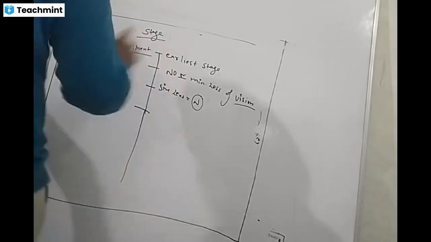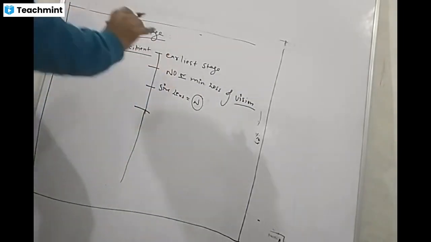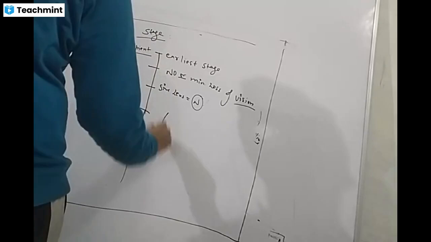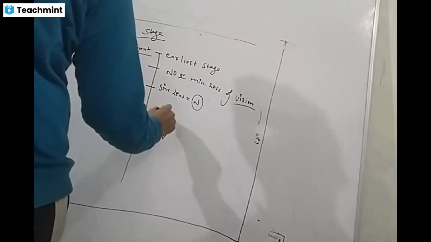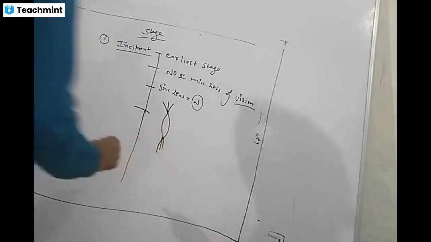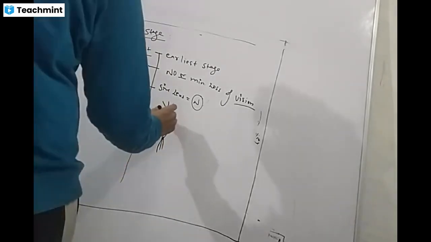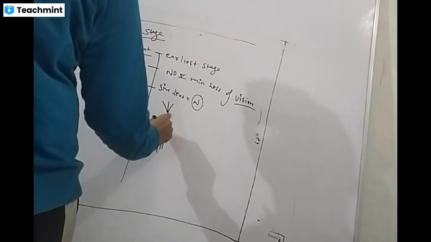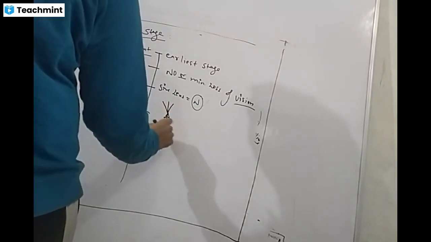Because it is incipient, so this is our lens and these are the suspensory ligament. And inside, this is the epithelium and fibers.